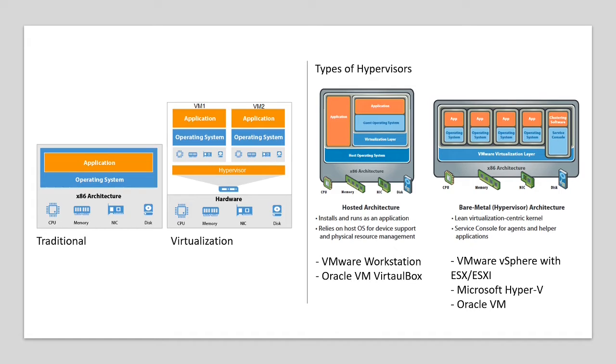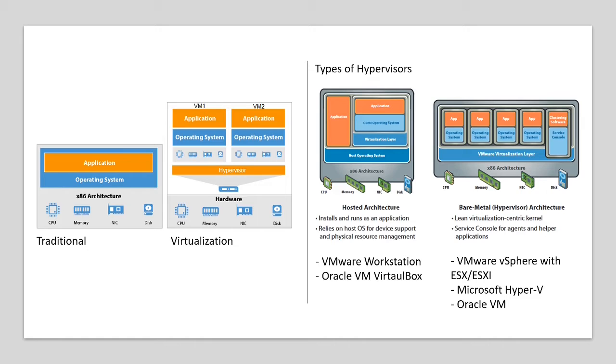Then we have the bare metal architecture, where we do not have host operating system. We have VMware virtualization layer, right? So the hypervisor. On top of hypervisor, we have different operating systems, different VMs that has its own application running.